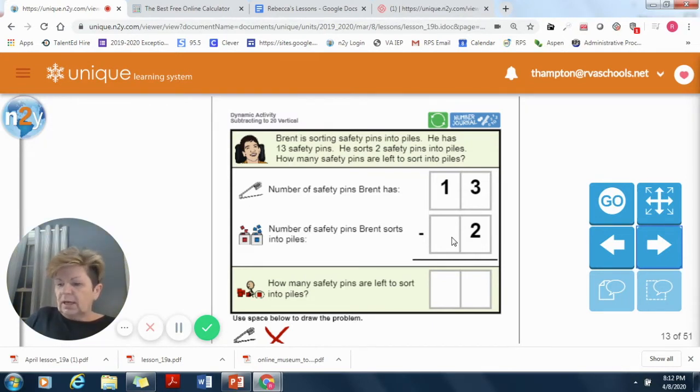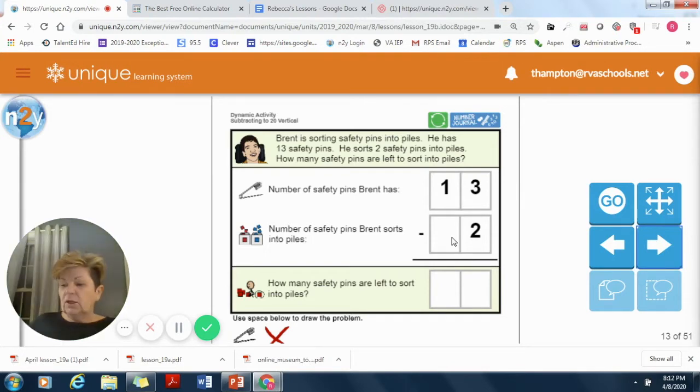So you want to take just a second and write your T chart? Good. We're at 13 minus 2. Does yours look like that?